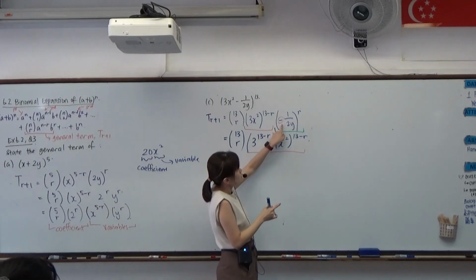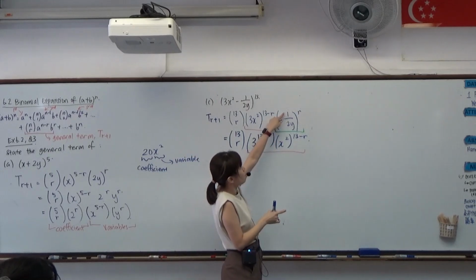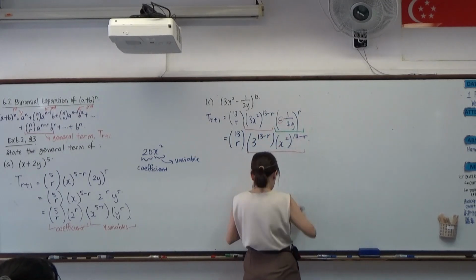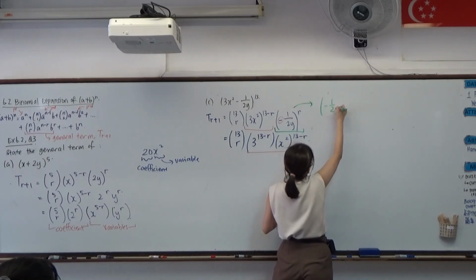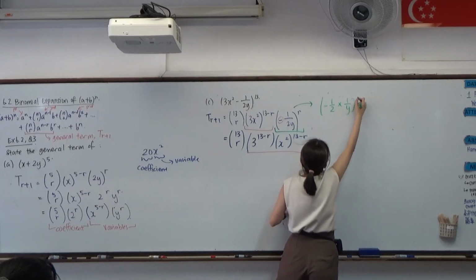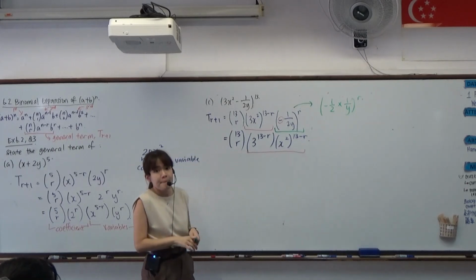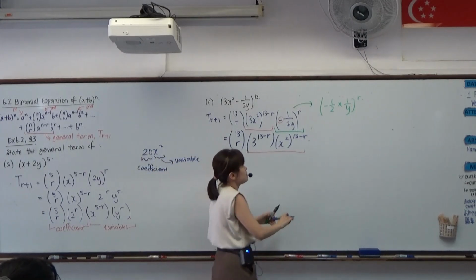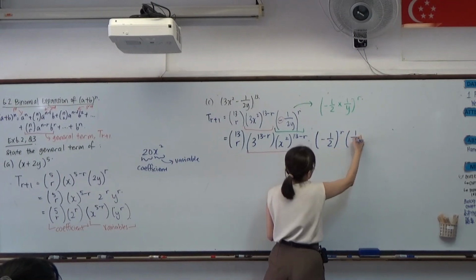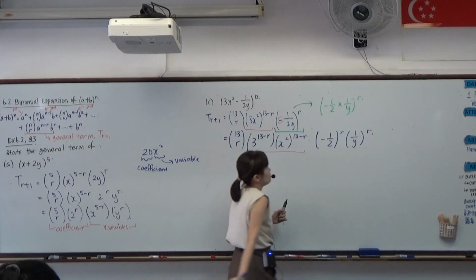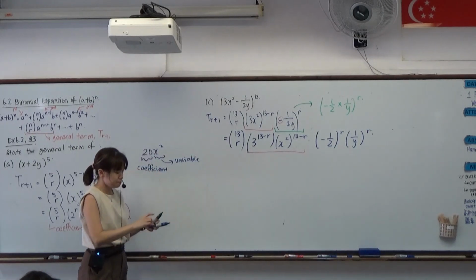You need to recognize that this is negative 1 over 2y, which is actually also the same as negative half times 1 over y, to the power of r. So I can break it out as negative half to the power of r times 1 over y to the power of r.